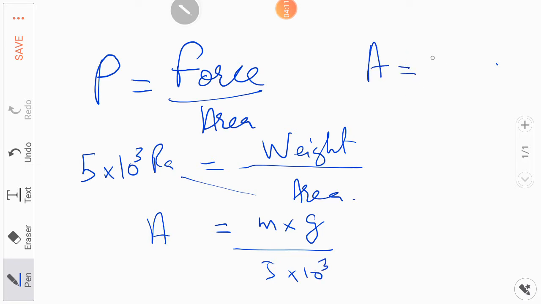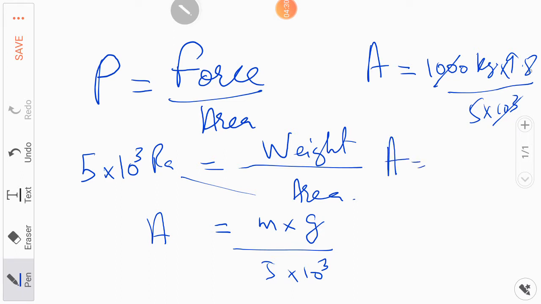So for area, the weight is 1 ton. 1 ton is equal to 1000 kg. So 1000 kg multiplied by 9.8 meter per second square, divided by 5 × 10^3. The 1000 can be cancelled out with this, and 9.8 divided by 5 is 1.96 meter square.